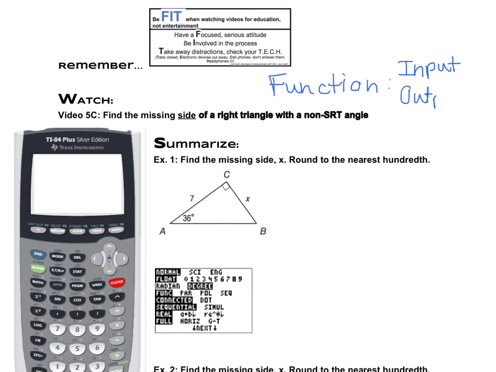Basically means you do something to some number, you put that number into the function, and something comes out of it that is basically some sort of numerical combination. Functions can be lots of different things, but for trig ratios, the input is always the angle of the function, and the output is the ratio.